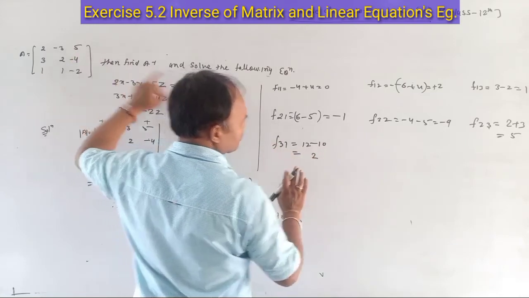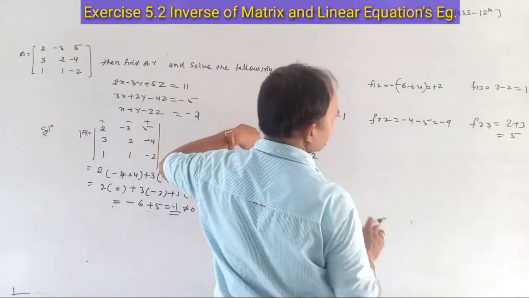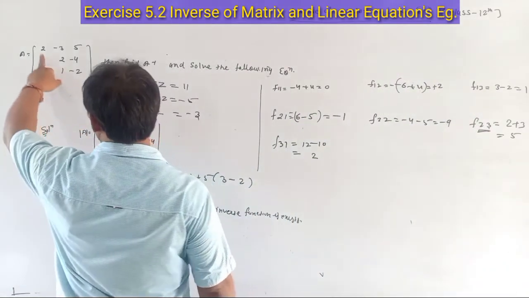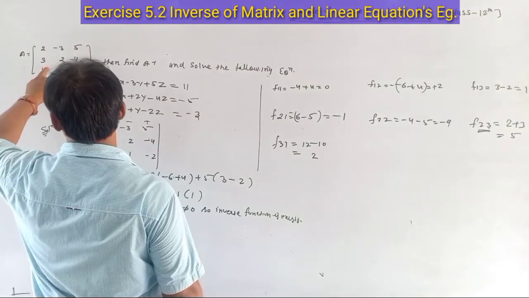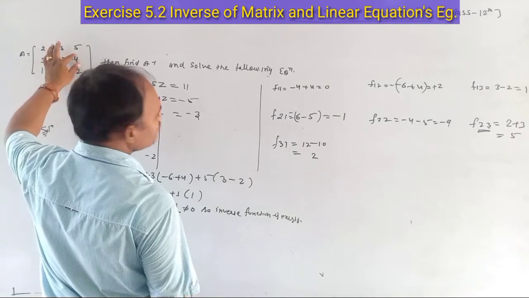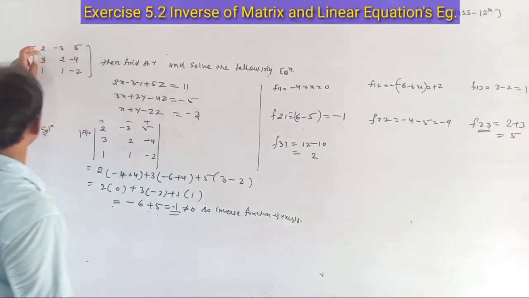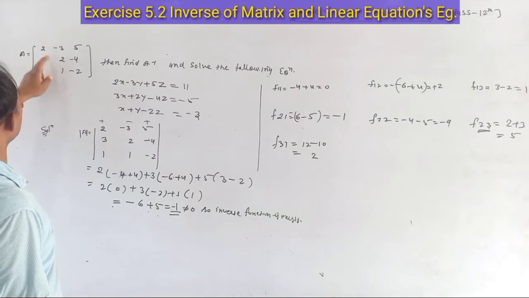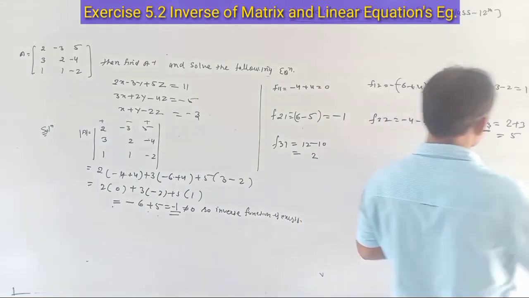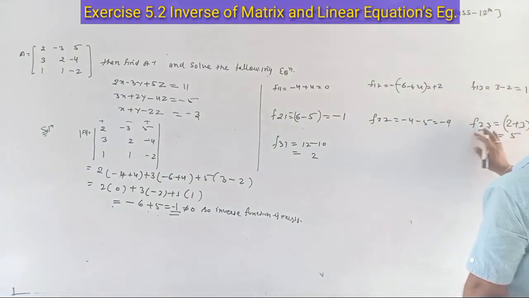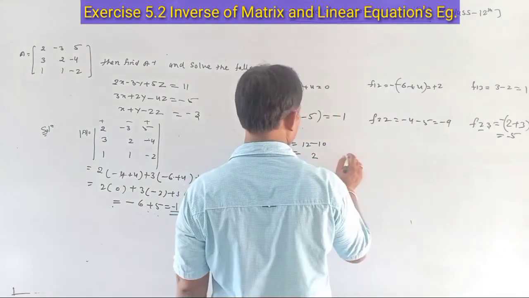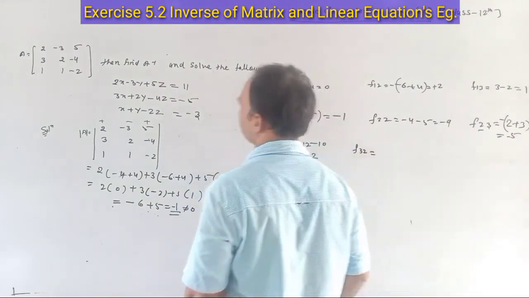Position of 2 3 is odd, so we have to use a negative sign also. F31 is 2.